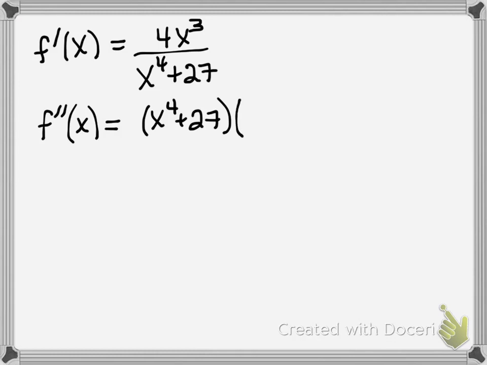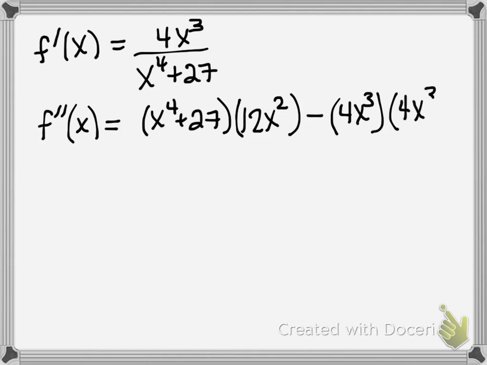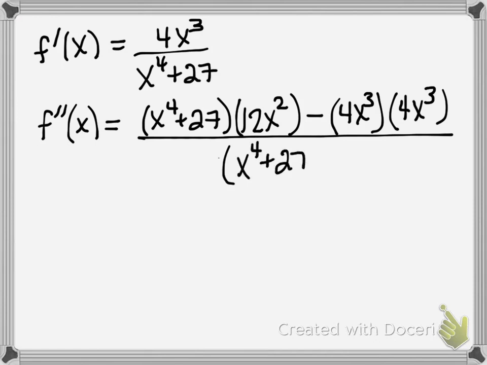So that's low d high, derivative of the high, which is going to be 12x squared, minus high, the numerator expression, 4x cubed, d low is the derivative of the denominator, which is also 4x cubed, all divided by the denominator squared. So that's our quotient rule. I'm going to clean that up a bit.